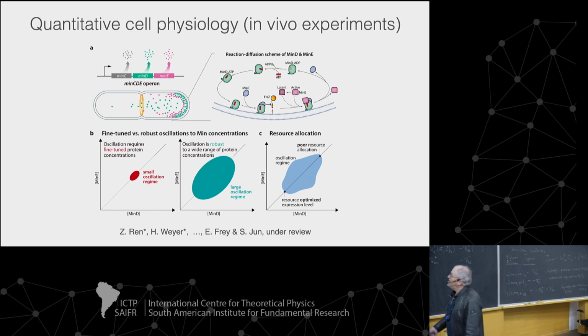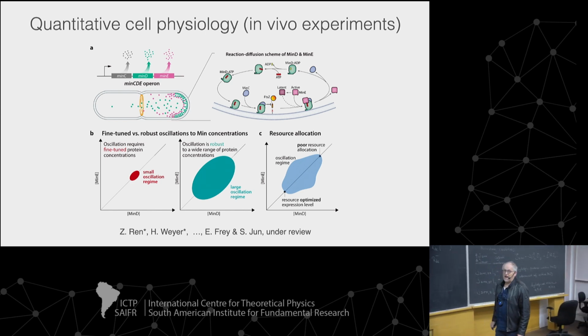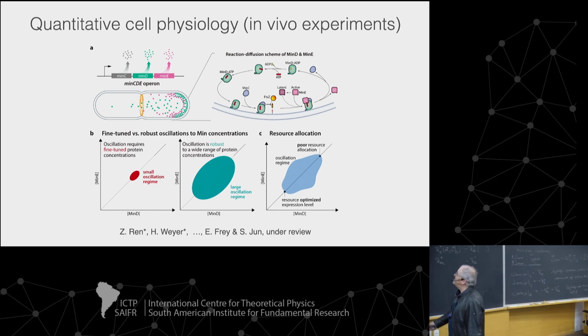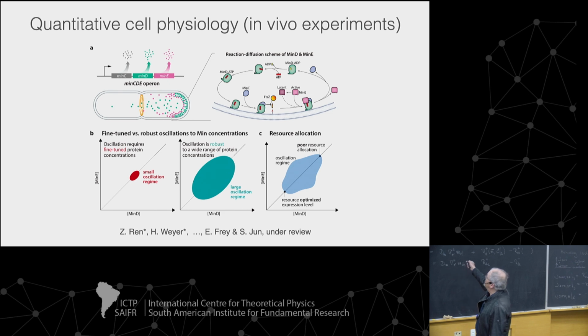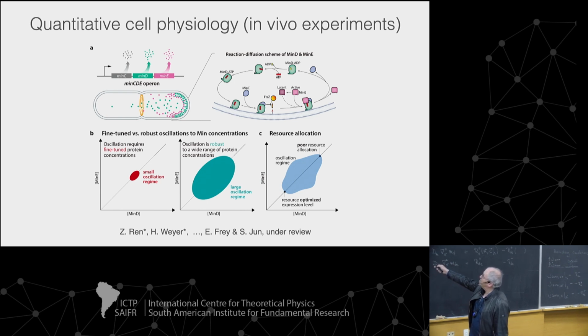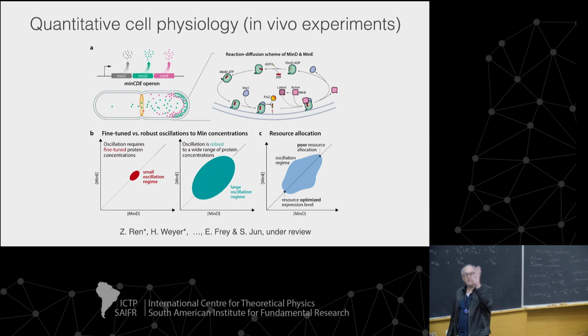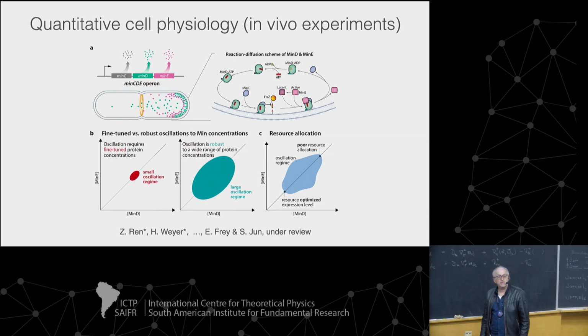And then look here at the lower figure. You can have, a priori, without looking into any theory or any data, different types of scenarios in the biology of the system. You could have a fine-tuned oscillation for the proteins, such that only in a very small domain of min E and min D concentration do you actually have oscillations of the min D and E proteins between the two cell poles.